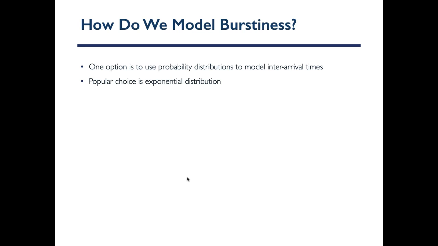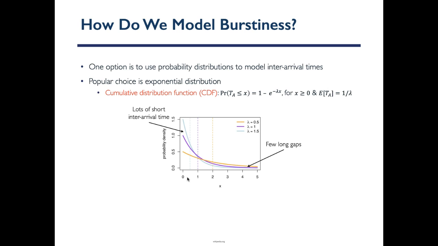A very popular choice for a distribution to explain inter-arrival time is the exponential distribution. So the cumulative distribution function, CDF, for an exponential distribution is defined to be the probability that TA, if you remember, we're going to now model TA.